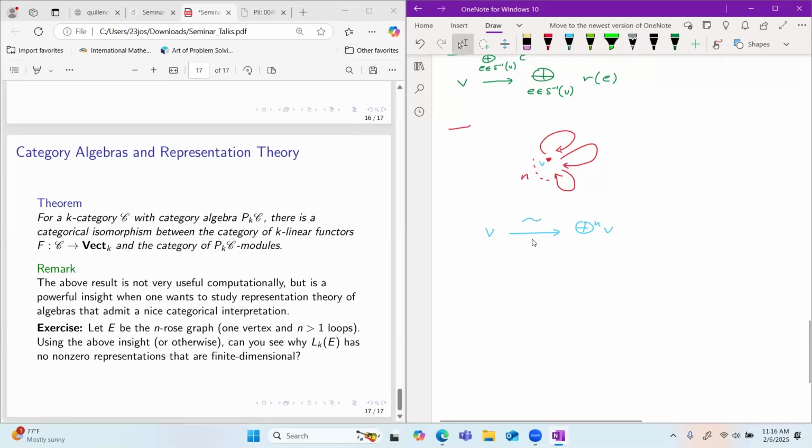So the part of the vector space corresponding to V should be isomorphic to n copies of V. Finding a representation of the Leavitt path algebra of this graph amounts to finding a vector space V that is isomorphic to n copies of itself. We can easily see that you're not going to be able to do this if the vector space corresponding to V is finite dimensional, unless V is 0.